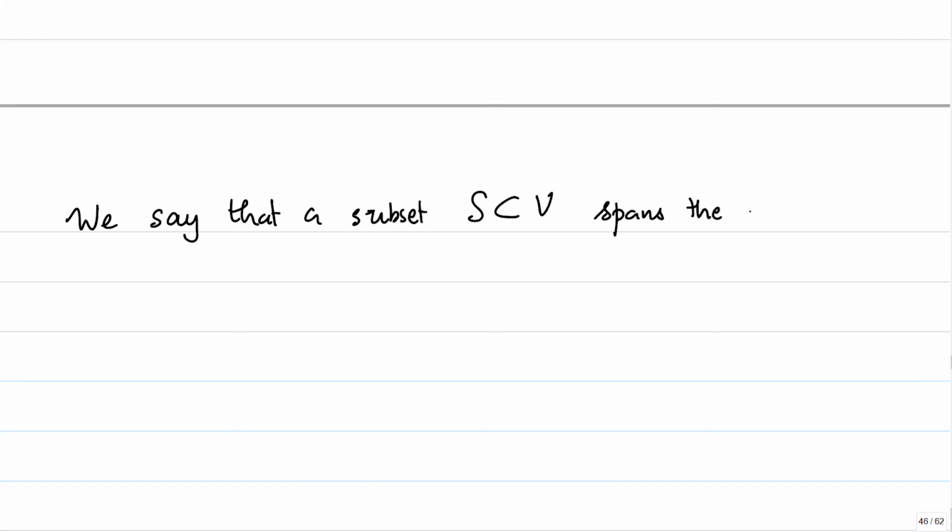So next let's look at the notion of a spanning set. We say that a set S, a subset of V, spans the vector space V if span of S is equal to V. Notice that span of S is certainly a subspace of V, as we have just proved.